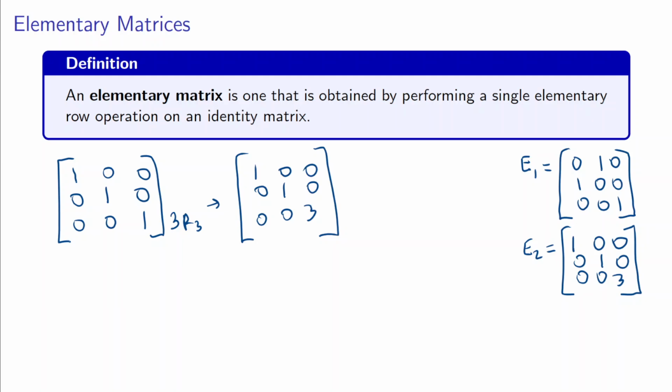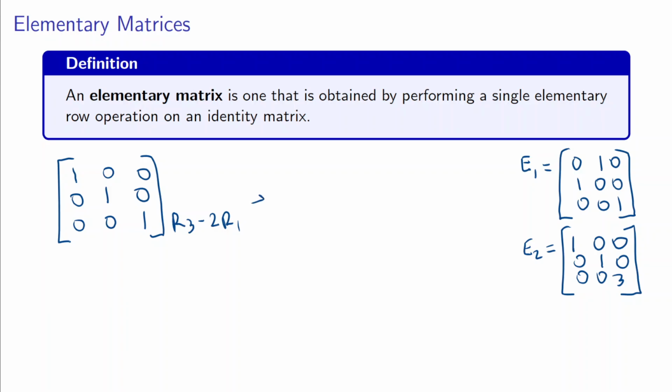And let's do one more for our row replacement. So again, we'll get rid of this one. So maybe we will do row 3 minus 2 row 1. So that gives us the matrix 1, 0, 0, 0, 1, 0, and then 0 minus 2, and then 0, 1.